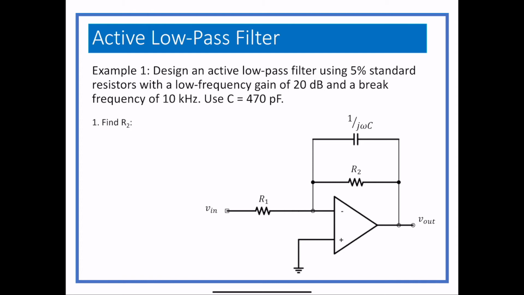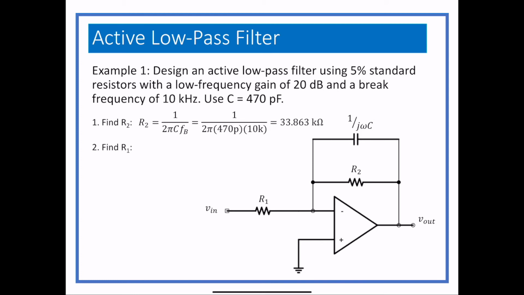So R2 is easy to find. We know what the break frequency is, we know what C is, so we just go through and calculate that. We get 33.863 kiloohms, and we'll continue to use that number for a minute, even though there is no resistor of that value. And then we have to find R1. To find R1, we have to convert the gain back to a real number.